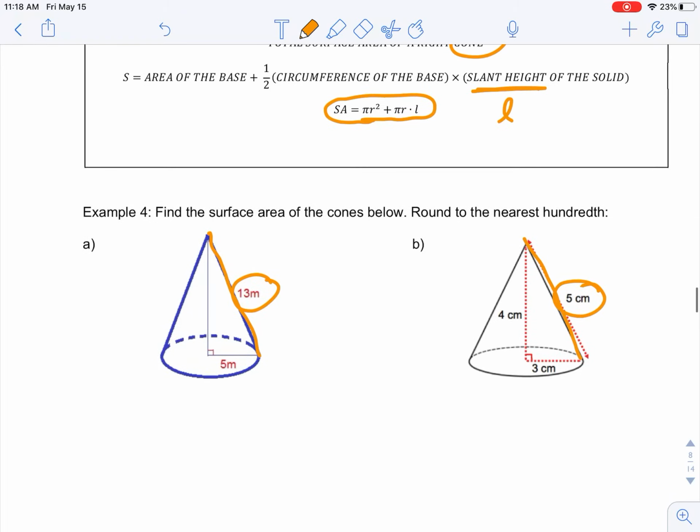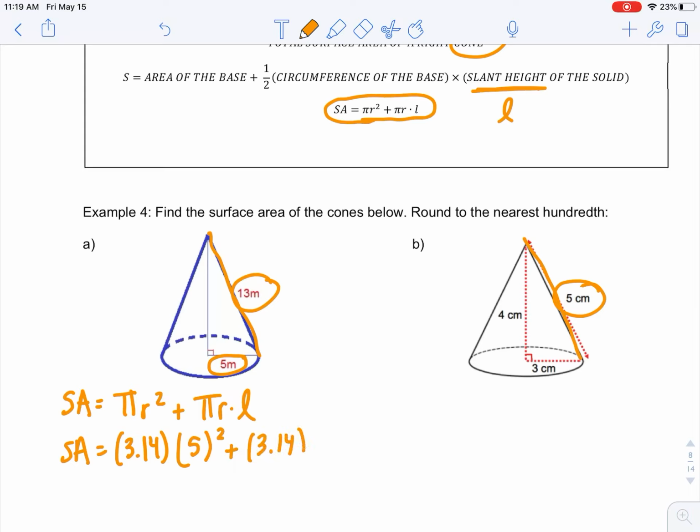All right, so let's do this one. These are pretty easy, you guys. It's just take the formula, plug in the numbers, type them in your calculator, and you're done. All right, so remember pi is always 3.14. The radius is halfway across, so that's 5 squared. Again, pi is 3.14, radius, and then this is my slant height, so that's L, 13.